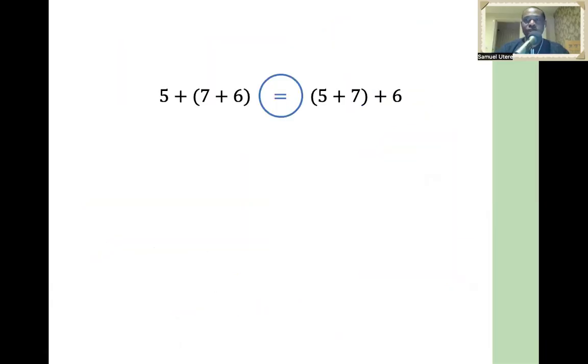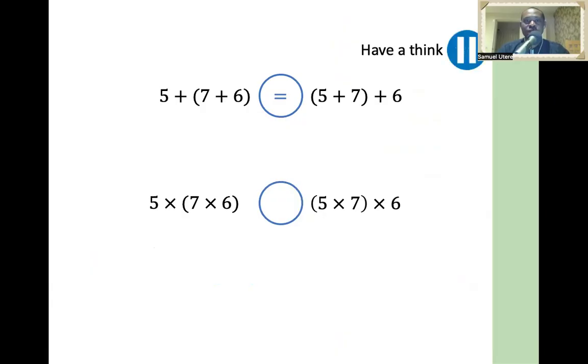All right, here is this one. There is something else you need to pay attention to. These calculations are actually equal. These are also equal, but have a think. Do you know what name we could call these? When multiplication and addition means that we can group the calculations in different ways but still get the same answer. Do you know what it's called?